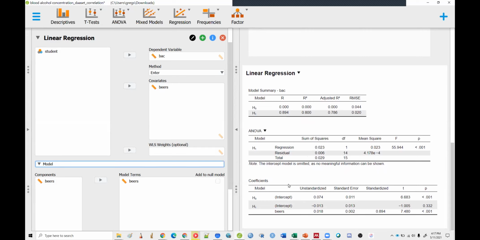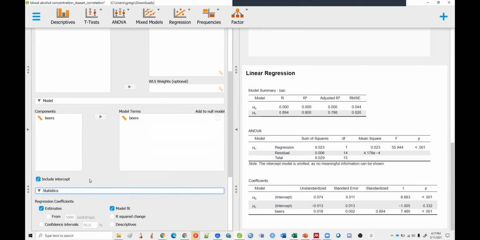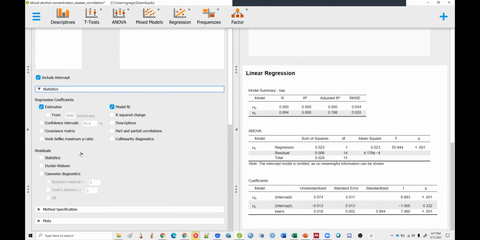Ignore this stuff here. This is a model of the analysis of variance, which we did not get to in the class. But let me just quickly add the statistics down here so we can see what we care about. We don't have to do this, but it's always useful to see the descriptive statistics, so just click them there.